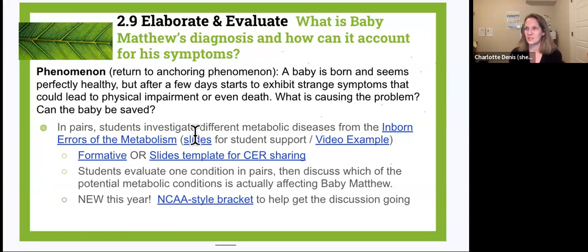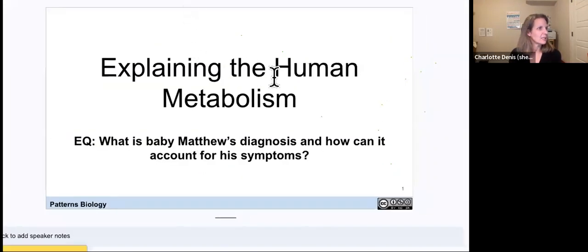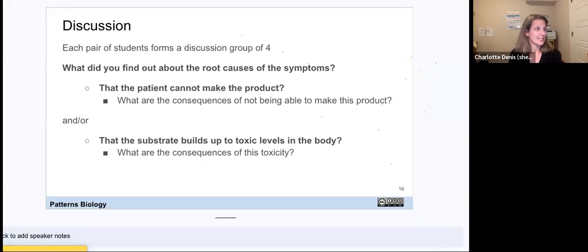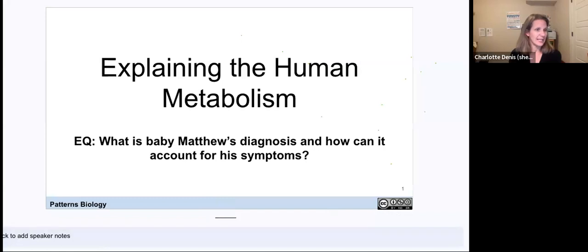So let me show you the slides that we use for student support here, what students will be looking at. Our question that we're trying to answer in this section is, what is baby Matthew's diagnosis, and how can it account for the symptoms that he is experiencing?